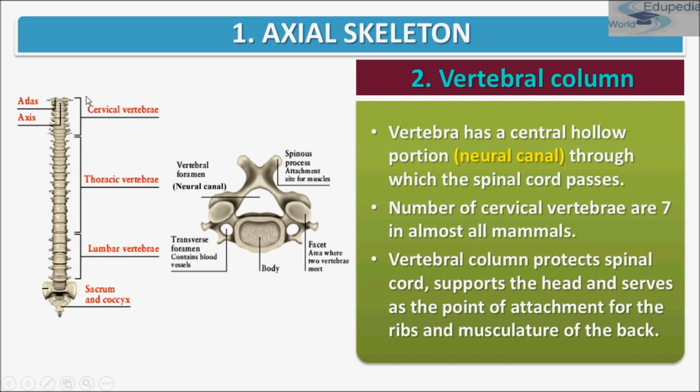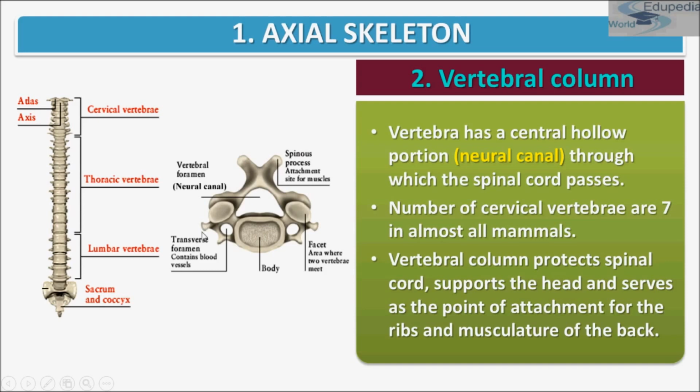So this is the overview of the vertebral column. This is your neural canal through which the spinal cord passes, and this is your vertebral foramen. Vertebral foramen and neural canal, they both are the same. These are the spinous processes, which act as an attachment site for the muscles.